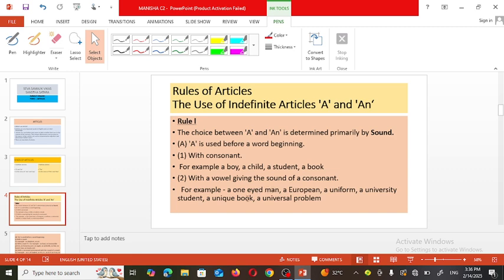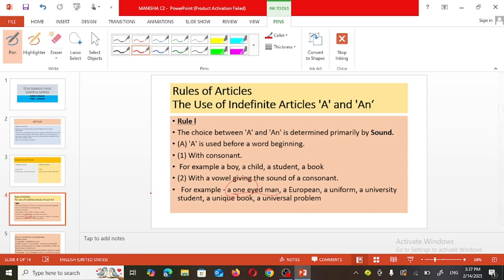a one-eyed man. The word one, though it starts with the letter O, doesn't sound like O, like when we say orange or onion.